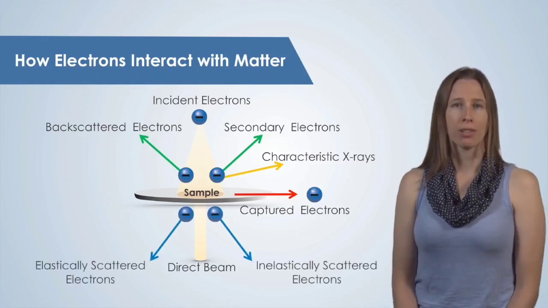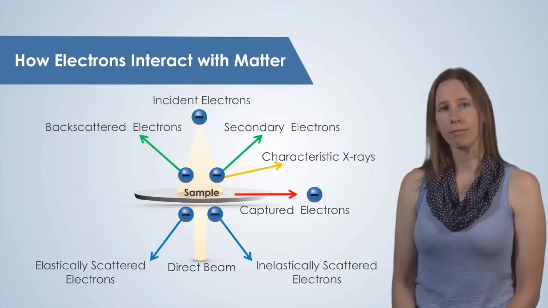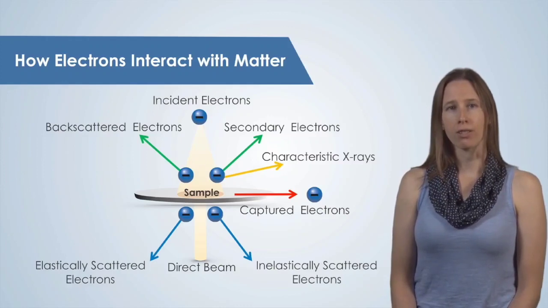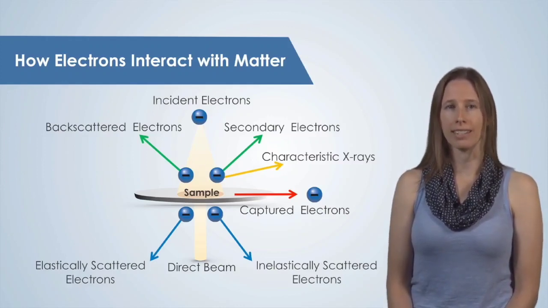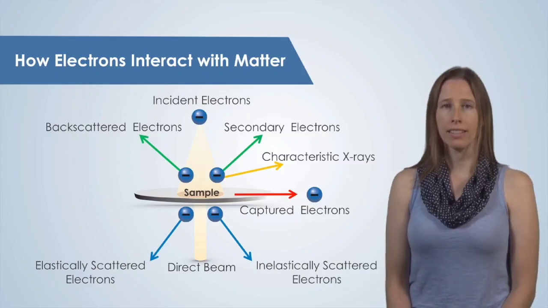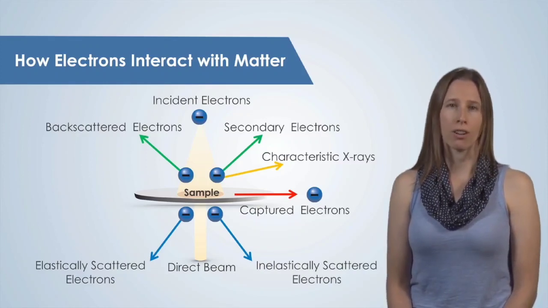Other electrons will pass through the sample, but will scatter either elastically or inelastically. Elastically scattered electrons will change direction, but retain the same energy as the incident electrons. These electrons can be used in a technique called electron diffraction to understand the crystalline nature of the sample.